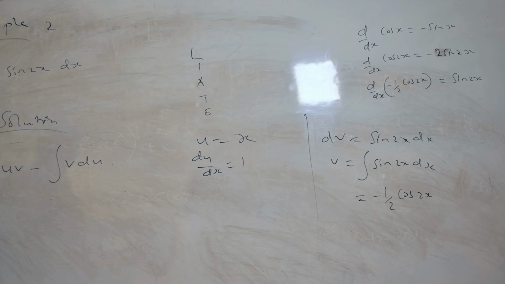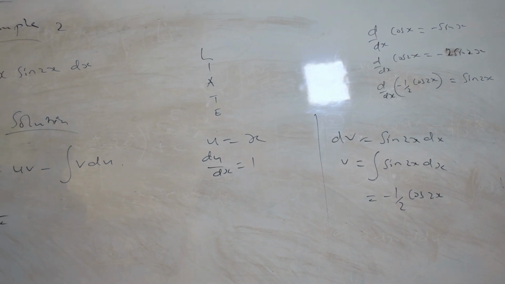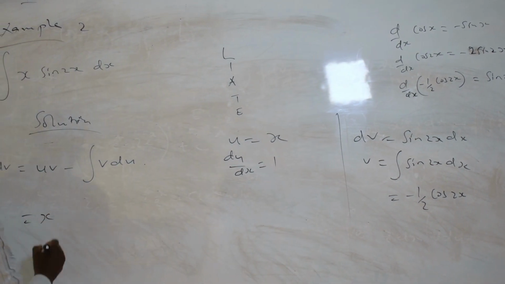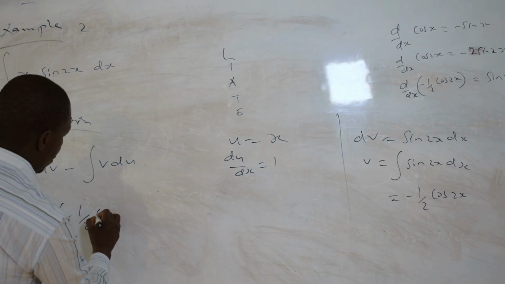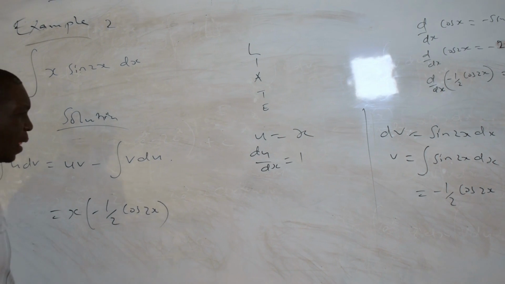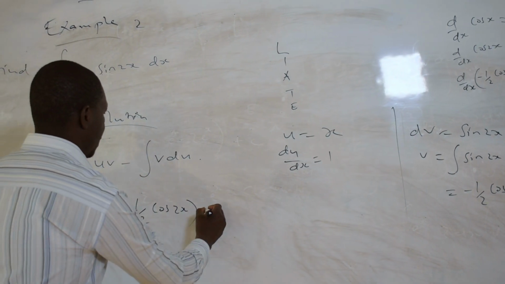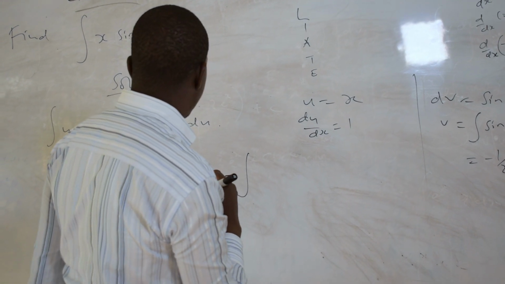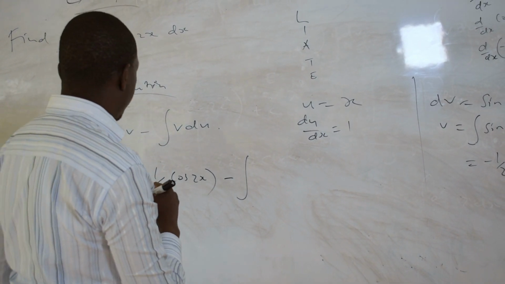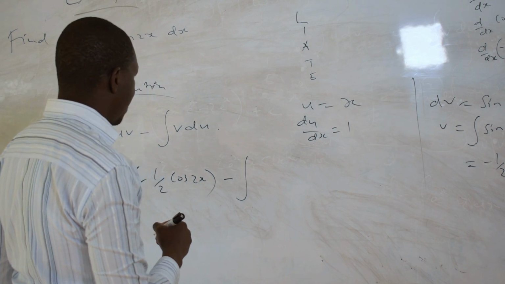Now if you apply the formula of integration by parts, the integral of u dv is equal to uv minus the integral of v du. Our u is x, our v is minus a half cos of 2x, minus the integral of v du.